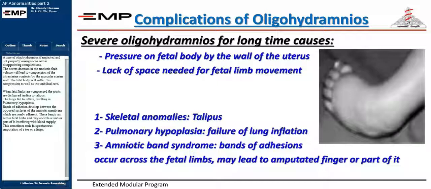The lungs fail to inflate, resulting in pulmonary hypoplasia. Bands of adhesion develop between the opposed surfaces of the amniotic membrane which are nearly adherent. These bands run across fetal limbs and may encircle a limb or part of it, interfering with blood supply. This sometimes ends in spontaneous amputation of a toe or a finger.